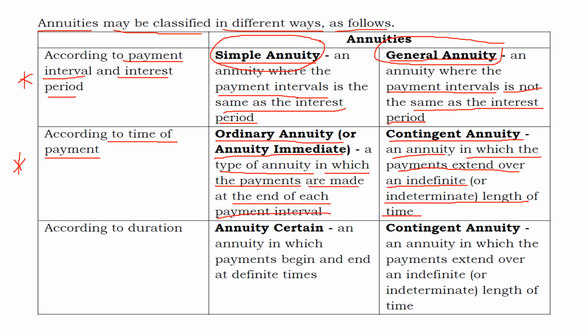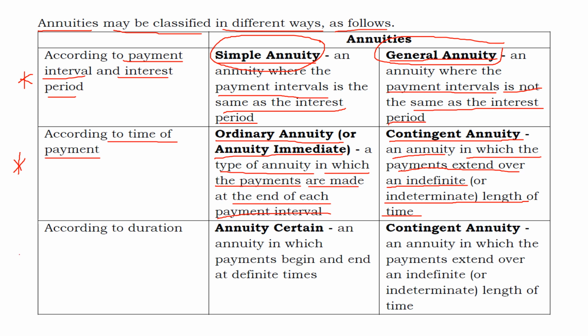Meaning to say that the payment interval can be extended, or the payment can be made after that set payment interval. So there is an extension over an indefinite or indeterminate length of time. So that is a contingent annuity.